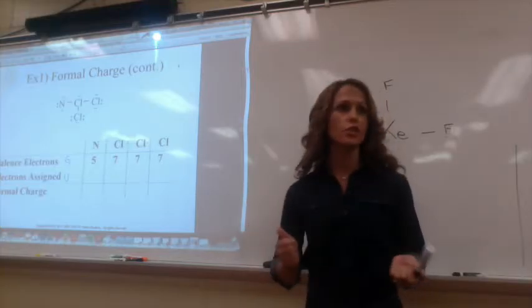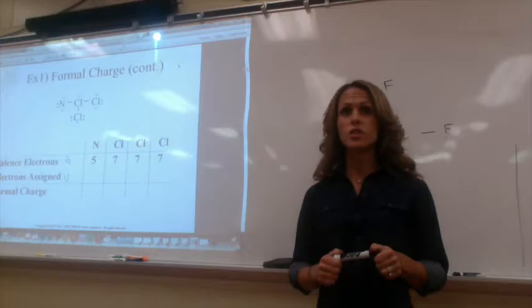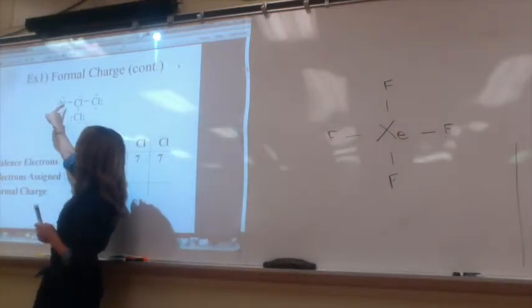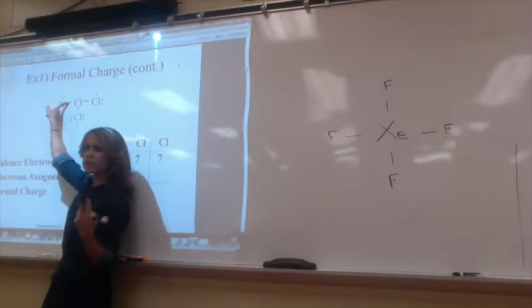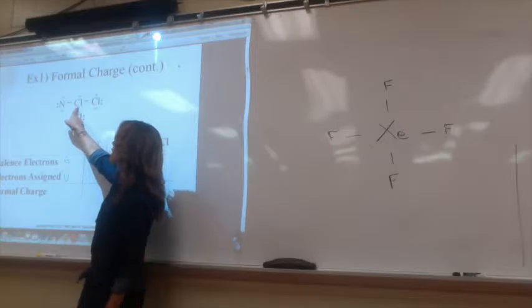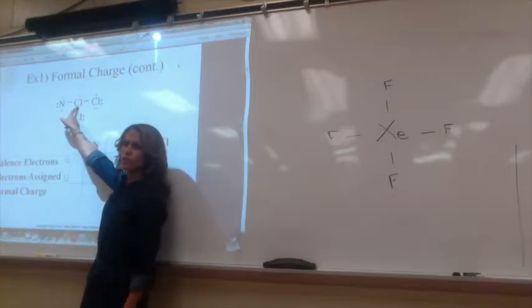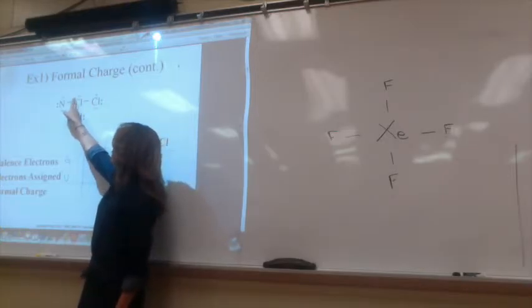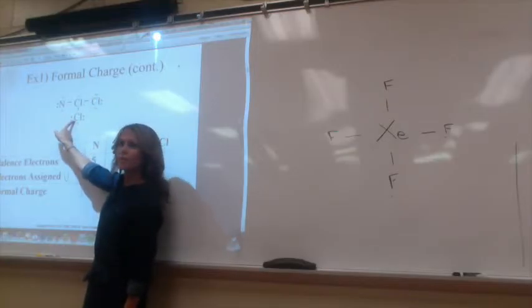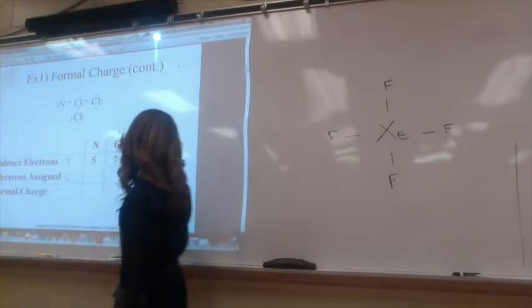So how many does nitrogen have in the structure that it's using? You count 2, 4, 6, and then divide your bonding electrons by 2, which means 7. How many are in this chlorine? Everybody just look up here. I'll give you time to write them down. 2, 3, 4, 5. How many are in this chlorine? 7. So we're going to fill them all in.